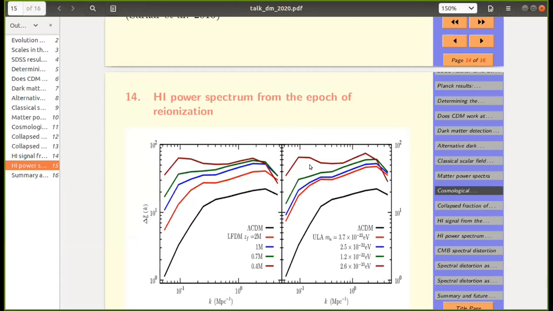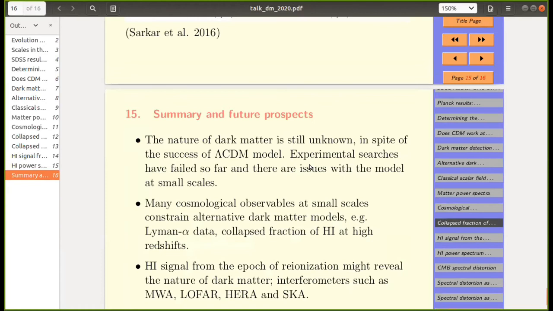I am still not sure that one might be able to distinguish between models based on just this probe, but we are still waiting for early results in this area of research. In the next 4 to 5 years, we may have something. We may first have a detection, and then we may be able to start modeling what the detailed outcome of the detection is.